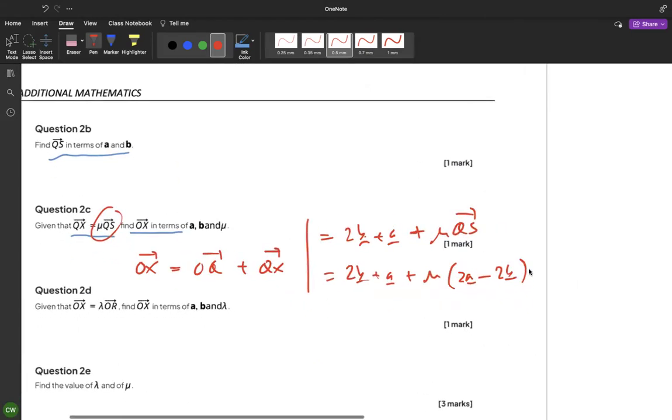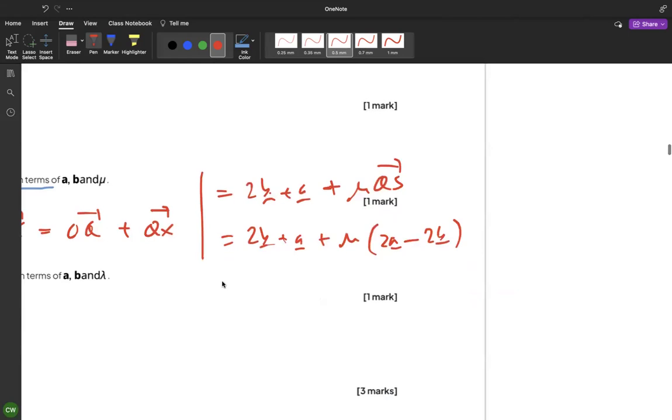Put them together. A first, what is inside the factorization? This one is 1 plus 2 mu A. Do you see this? 2A, 2 mu. How about B? How to write? Multiply it in, then take it out. How about B?